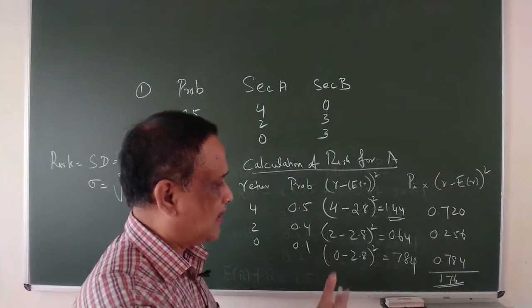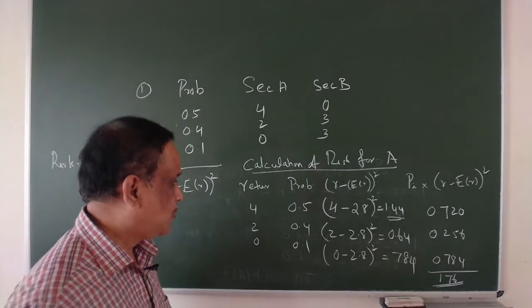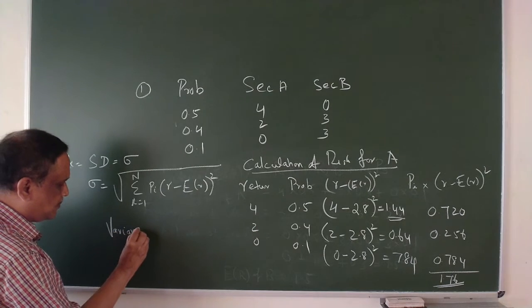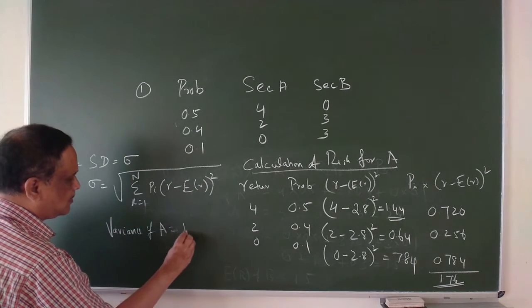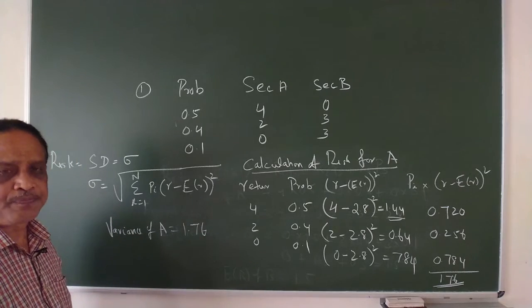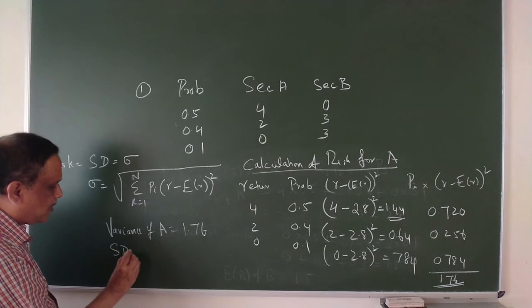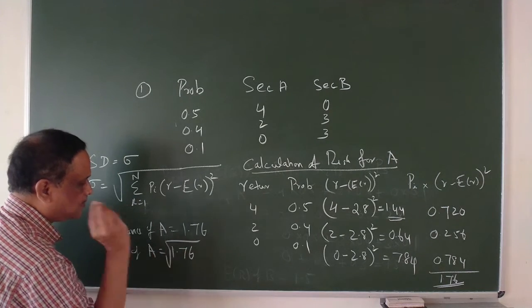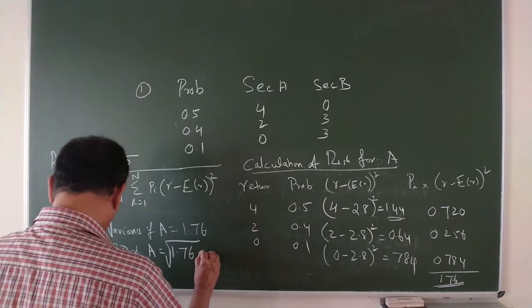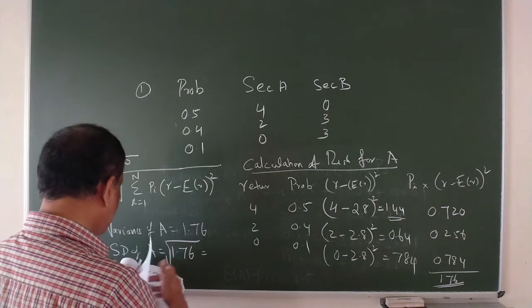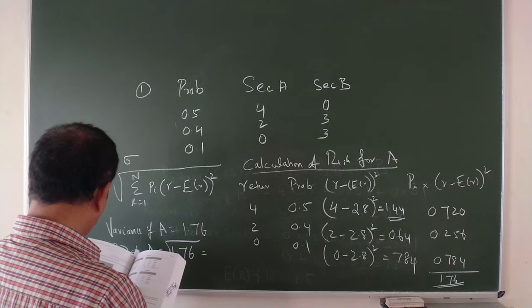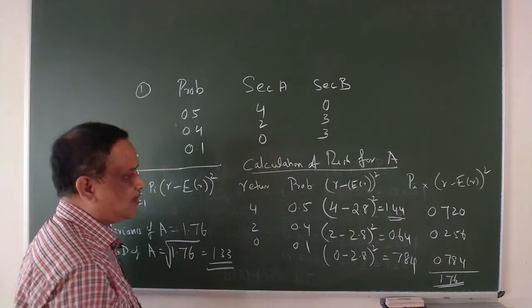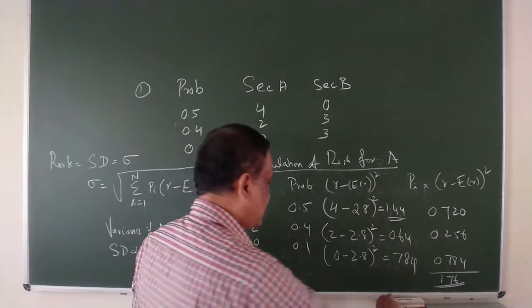So the variance of A is 1.76, and the standard deviation of A is the root of 1.76, which is 1.33.